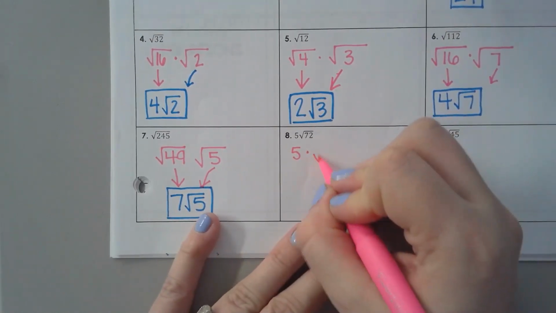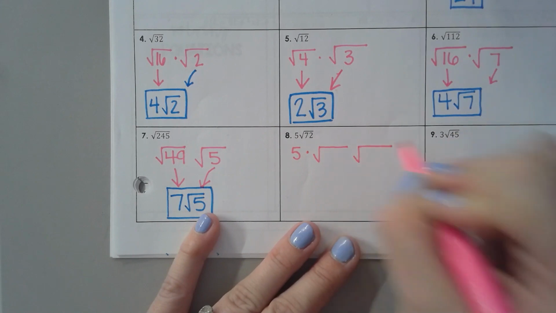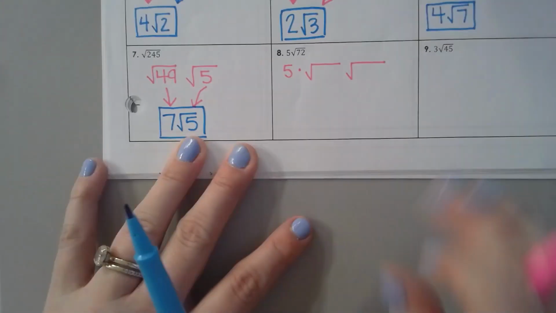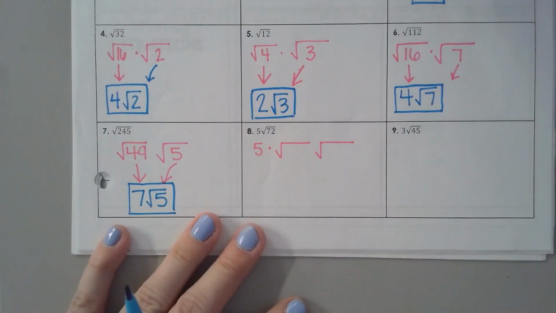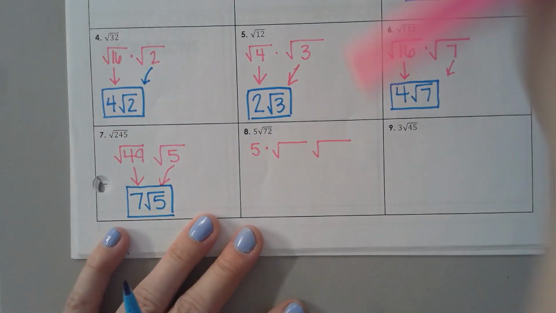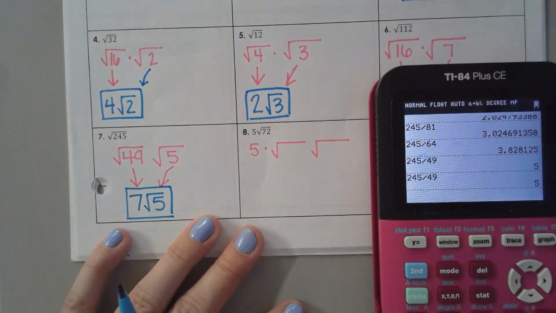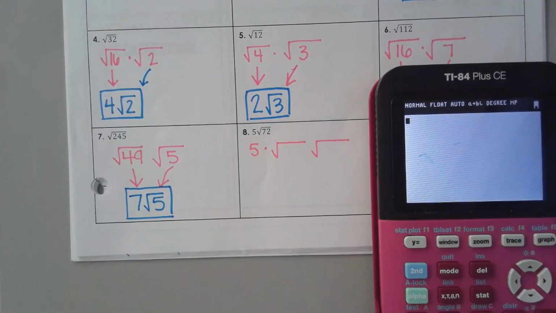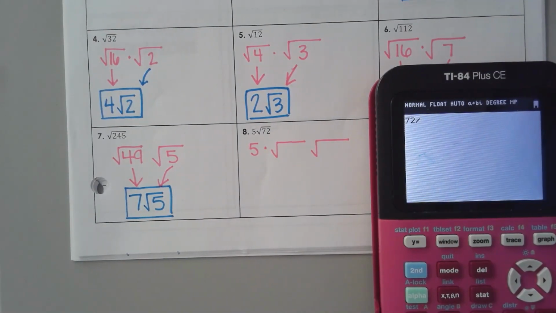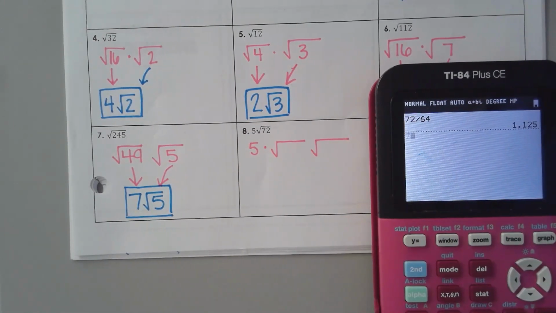And I know that I'm going to have to break apart the 72. So we need the biggest perfect square that goes into 72. So I'll probably start dividing with 64 and work my way back.